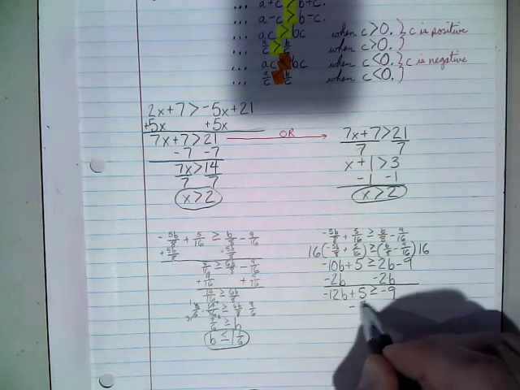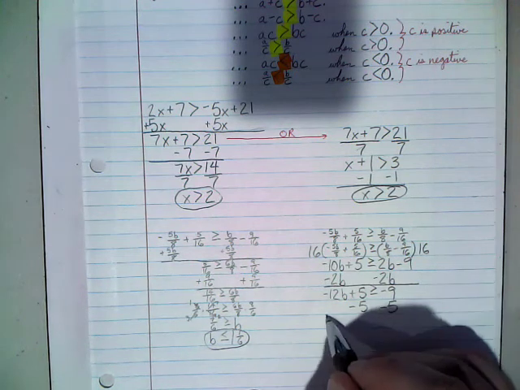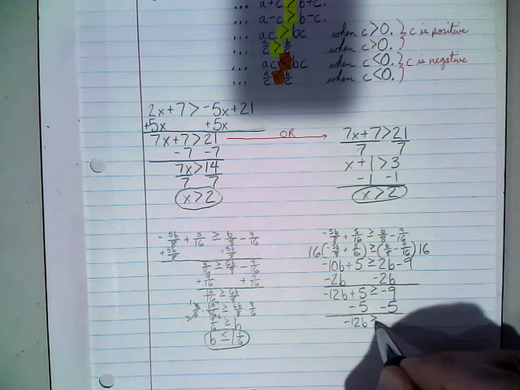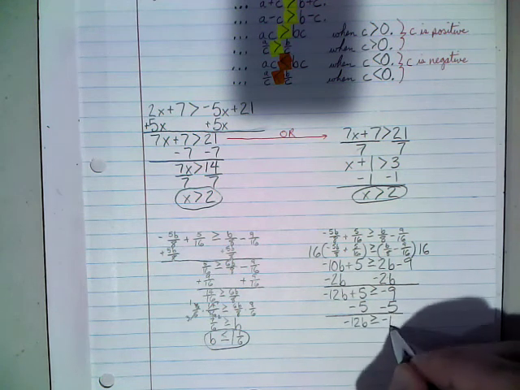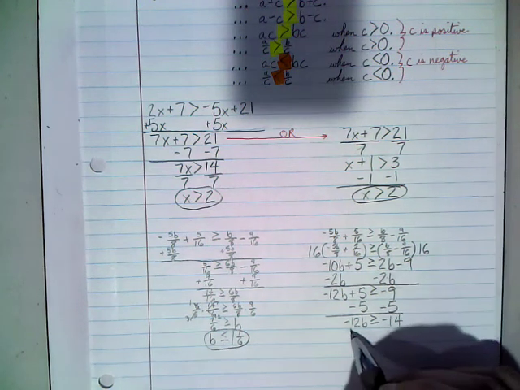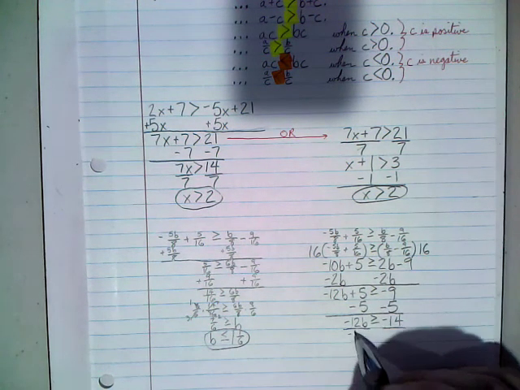Then from here, I'm going to subtract 5 on both sides, so that a negative 12b is greater than or equal to a negative 14. And then finally, I'm going to divide both sides by a negative 12.